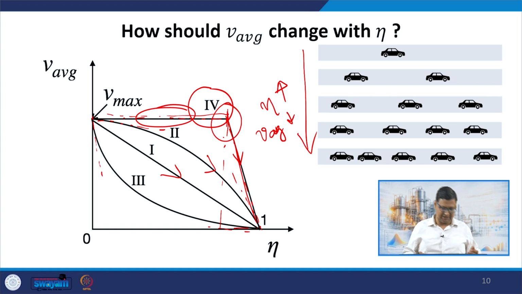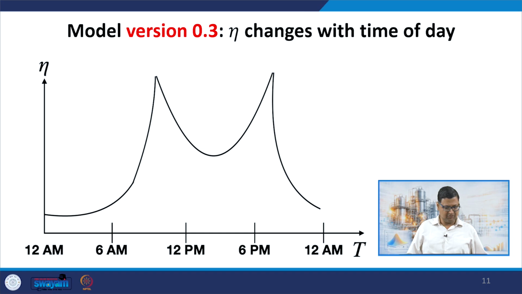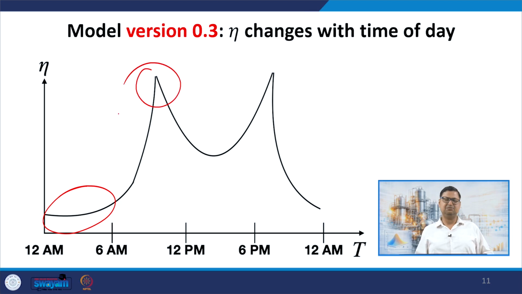Now, clearly, the traffic is not going to be constant through the day, and we can in fact account for that as well in what I call model version 0.3. What I do here is I consider the fact that in the early morning you will typically have less traffic, and then in the rush hour, when it is time to go to the office, the traffic will peak.